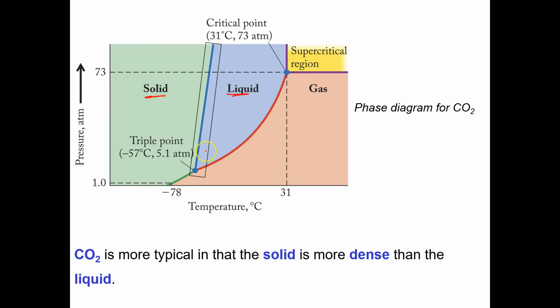So if we pick a particular temperature and we raise the pressure, we end up in the more dense phase, of course, because we're squashing everything closer together, and we end up in the solid. And again, this is more typical in that solids tend to be more dense than liquids. So most of the time, that line is going to be leaning towards the right rather than leaning towards the left.